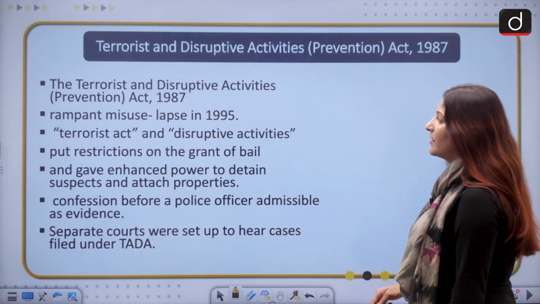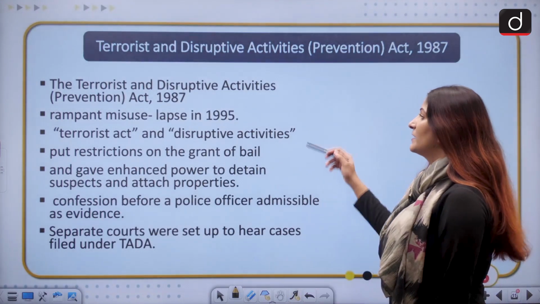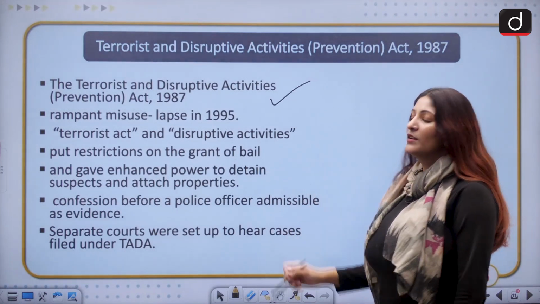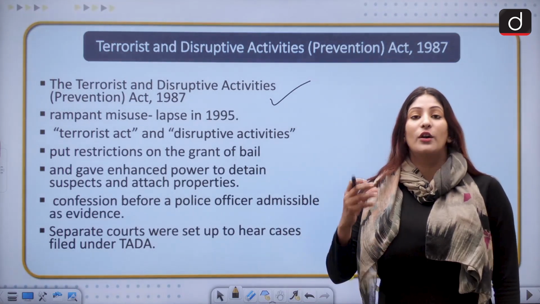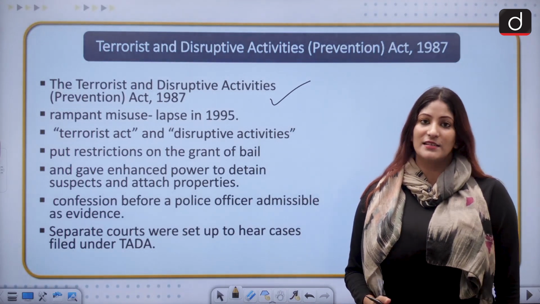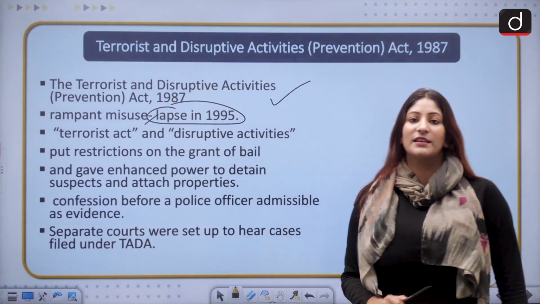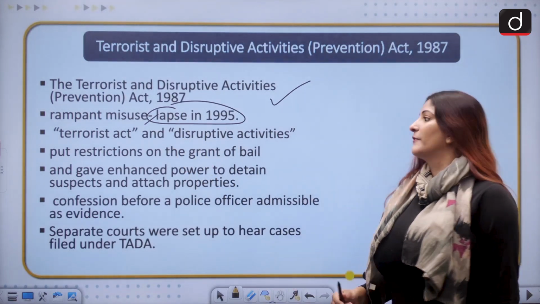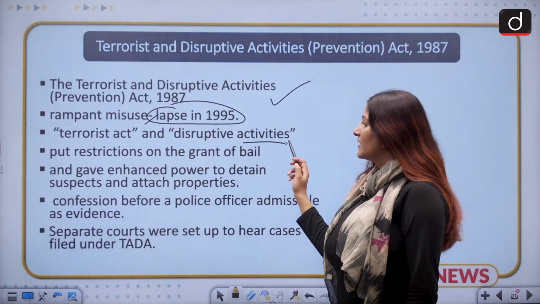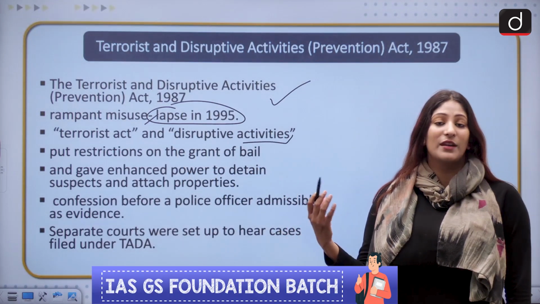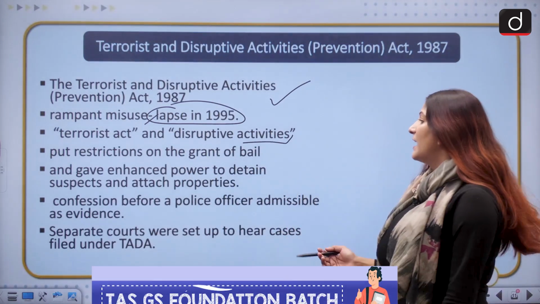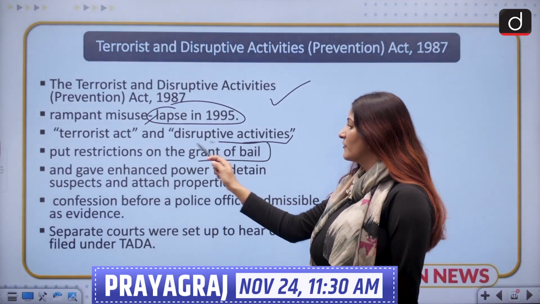Now let's talk about TADA. The Terrorist and Disruptive Activities Act of 1987 was the primary act against terrorism in India. But because of rampant misuse, it lapsed in 1995. Terrorist acts and disruptive activities were defined under it, and it also put restrictions on the grant of bail.